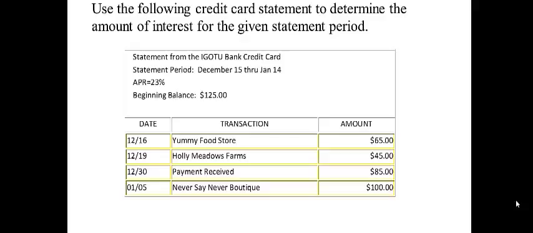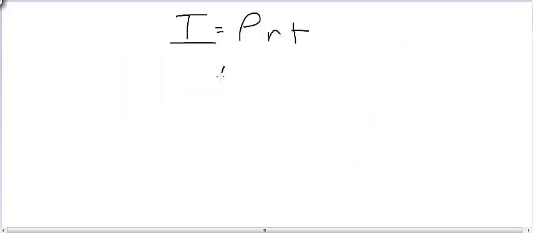So using my simple interest formula, I know my APR, my rate, my annual percentage rate is 23%. Now time, since it's not in years, is set from December 15th through January 14th. When you count the number of days, including those two, we come out to 34 days out of a 365-day year. My principal is what my payments are, 125.